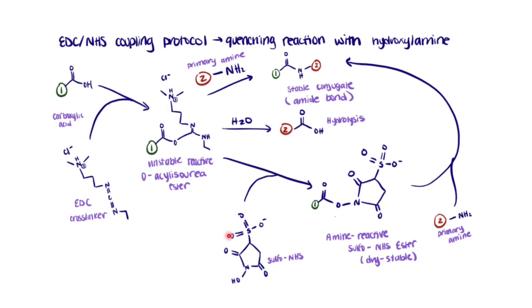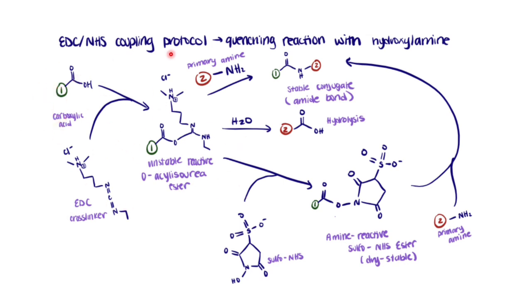This unstable compound is paired with a primary amine to form a stable amide bond. So this is the chemical amide bond that is formed artificially. Or if it is reacted with water, a hydrolysis reaction takes place and it comes back to the normal carboxylic acid form.